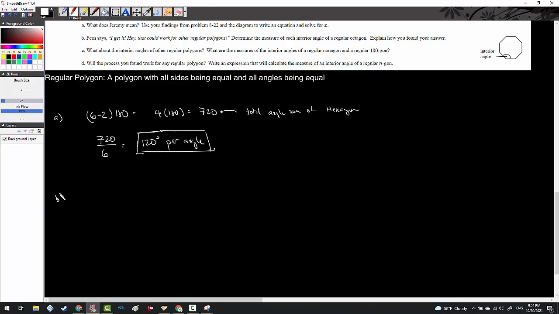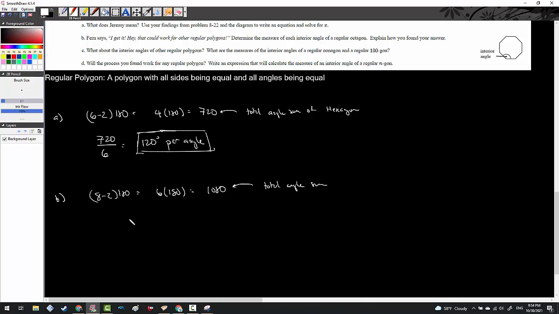So from here, I'm going to do the octagon. So 8 minus 2 times 180, and that's going to be 6 times 180, and that is going to be 1080. And again, what is 1080? That's the total angle sum, right? But we don't want the total angle sum.